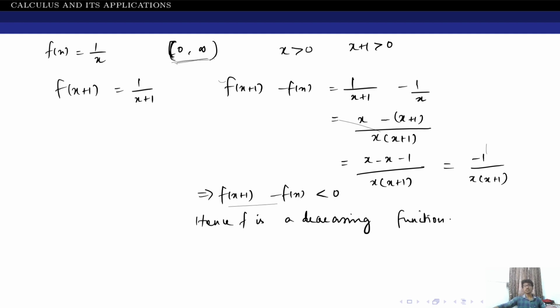Right? And if you check for whether this is odd function or even function, f of minus x is going to be 1 upon minus x. This may also be written as minus 1 upon x. This is minus times of f of x. Hence it is an odd function. Right? Thank you.